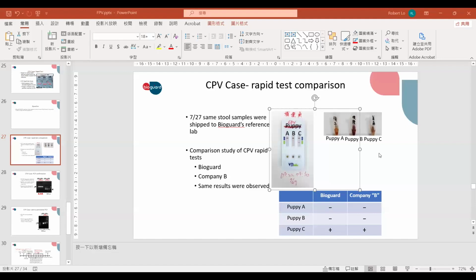Okay, so let's see the photo again. In the figure here, that's the repeat test we did in our reference lab. You can see for puppies A and B, the repeat tests of CPV still show negative. However, puppy C shows the obvious positive reaction.